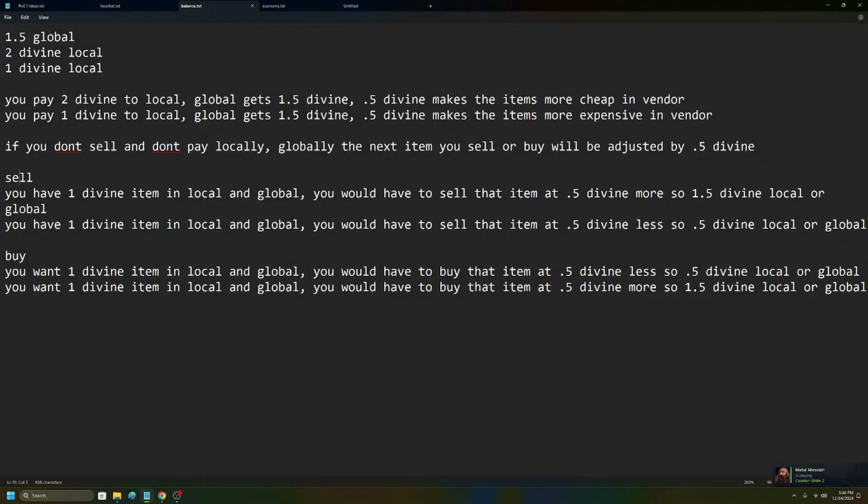Alright, so just going to go over this real quick. If you have 1 divine item in your trade window, basically, in the case where it's 2 divine, right?